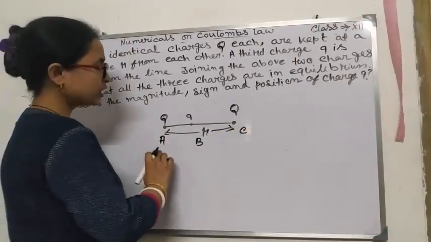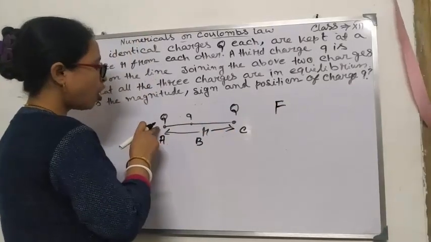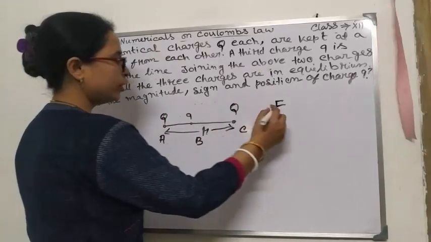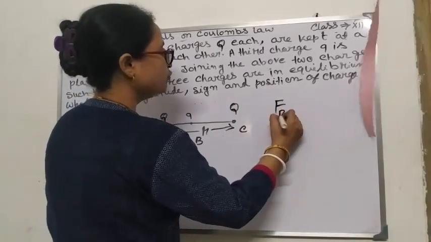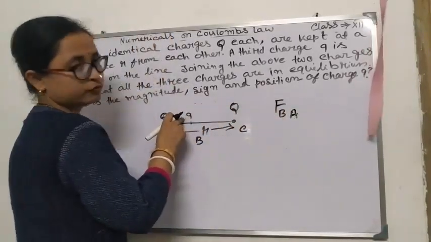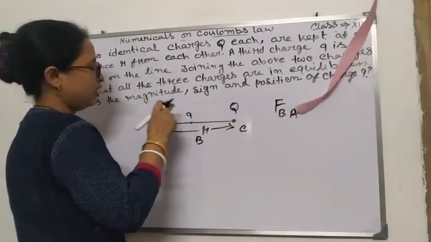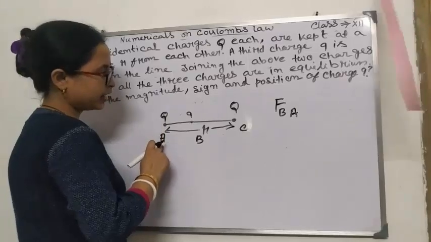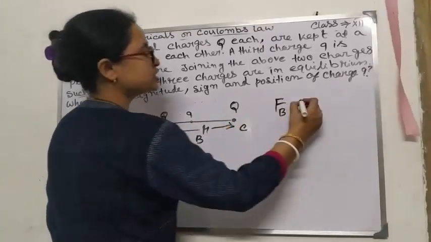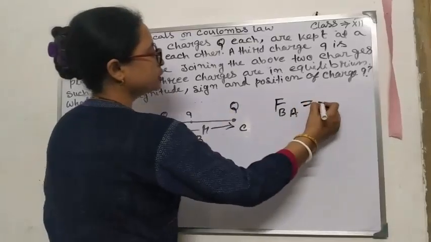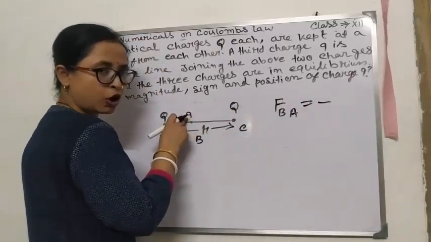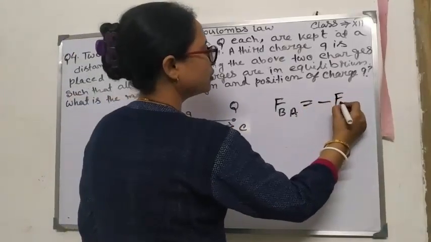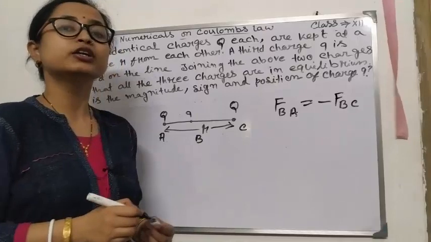Now the force acting on the charge small q due to the charge capital Q placed at A, FAB, must be equal and opposite to the force applied on small q due to the charge placed at the point C, FBC.